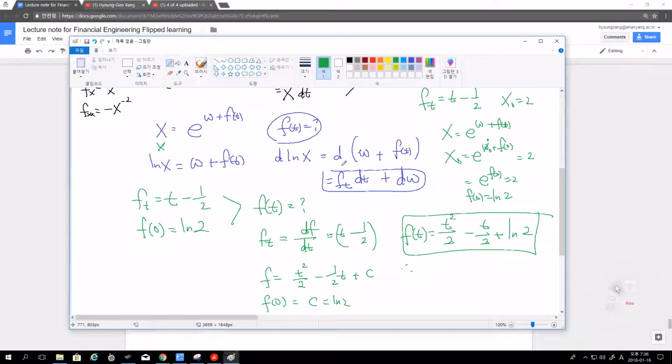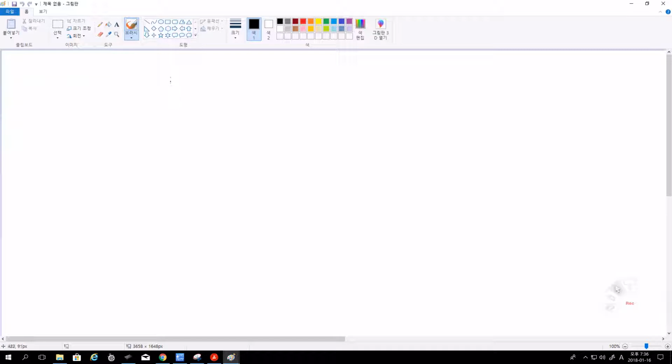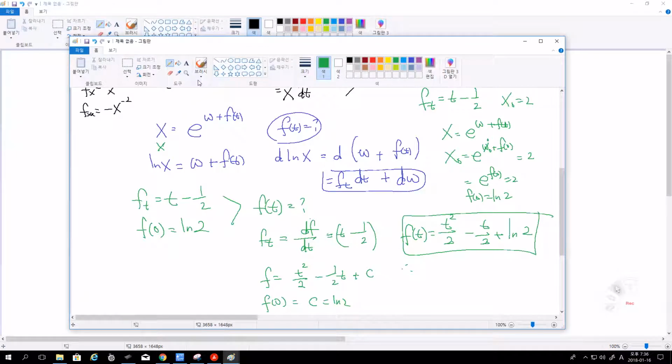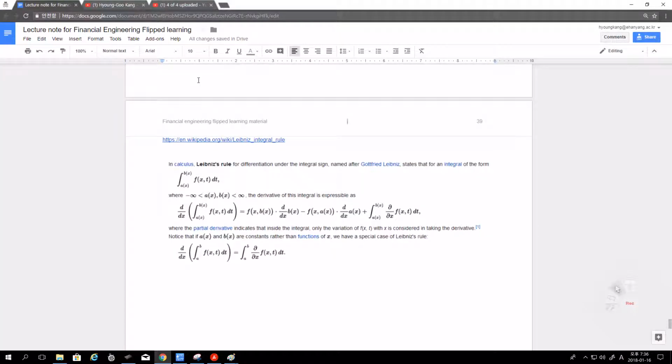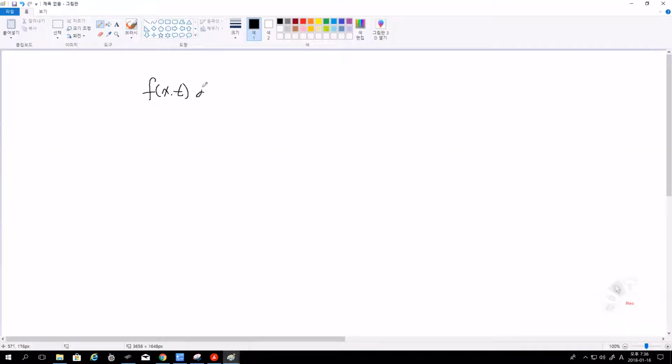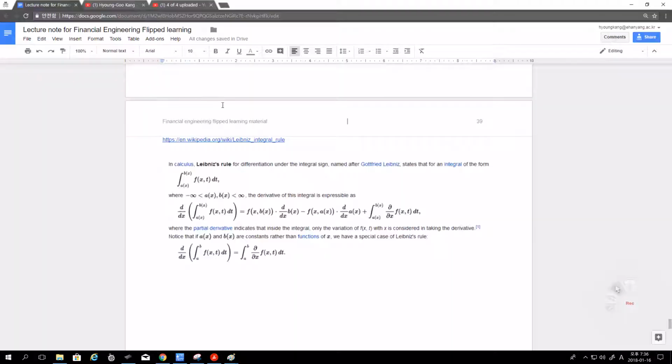The integral of f(x,t) with dt, where the integration is from a(x) to b(x). Okay, so we want to integrate this function f of x and t from a to b, right?